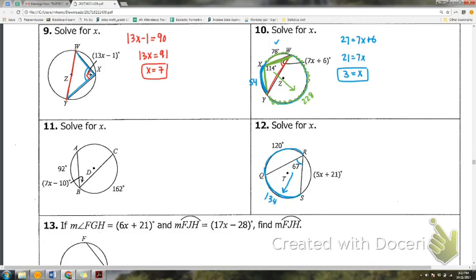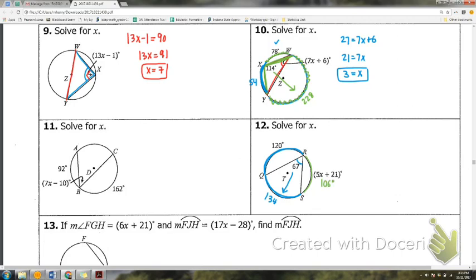So I've covered most of the circle. If I subtract 120 and 134 from 360, I will get what is left for RS. So if we do 360 minus 134 minus 120, getting 106 degrees for over here.